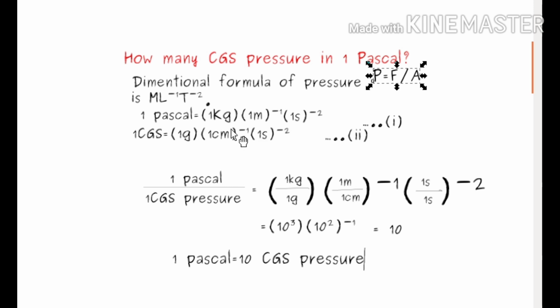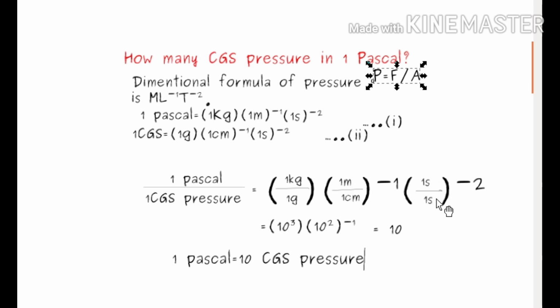These are the powers I took from here because they will not change. Now let us divide both equations. On dividing 1 Pascal upon 1 CGS pressure, we get 1 kg upon 1 gram, meter upon centimeter, and second upon second.